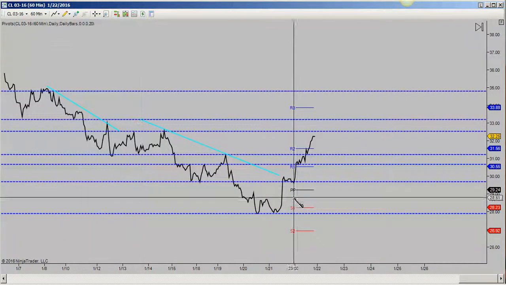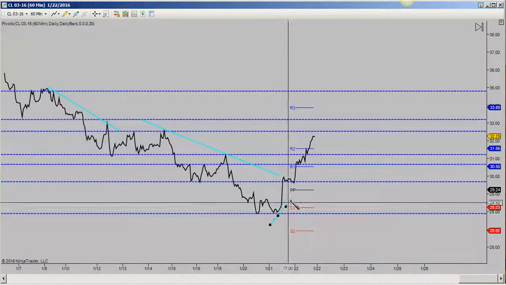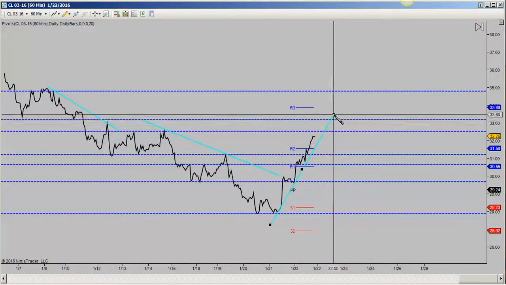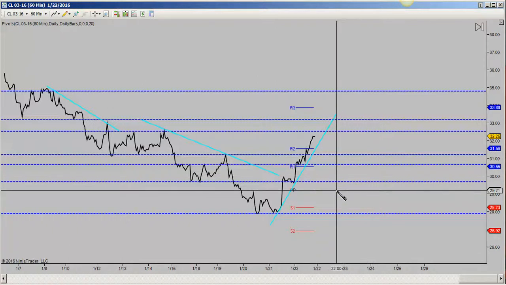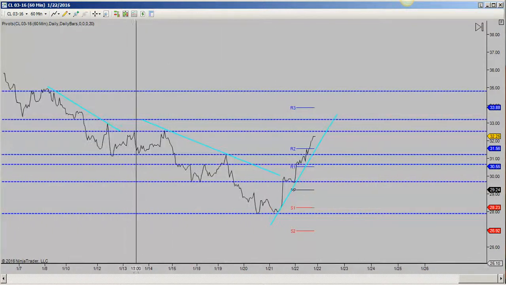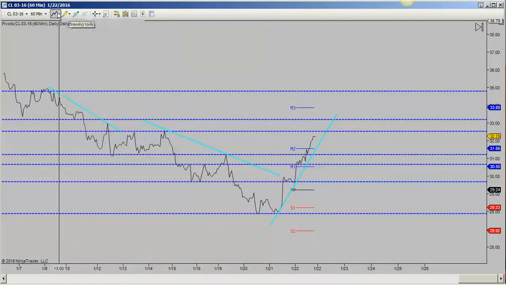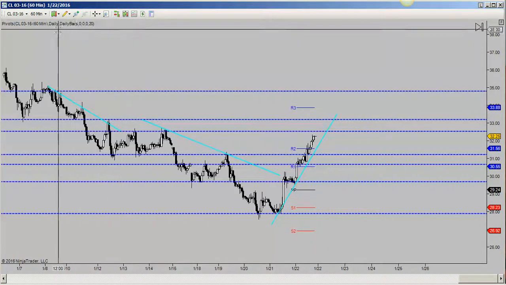All right, I'm going to connect these bottoms now here, like so. All right, so that's our 60-minute chart, line chart. You can always convert it back to a candlestick, like so.